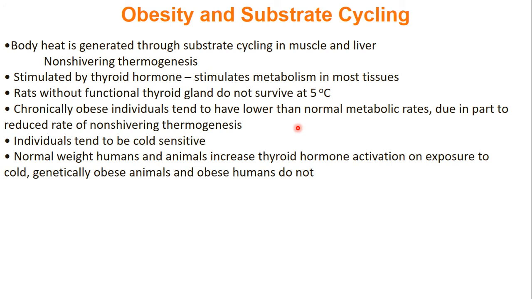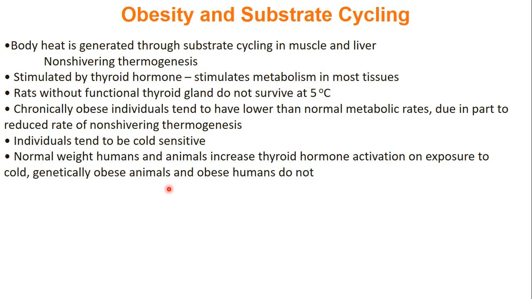This is partly because you have reduced rates of non-shivering thermogenesis. You're not doing these futile cycles, so the minimum flux of metabolism is lowered. Your overall metabolism is lowered, so it's hard to get to your normal states. And these individuals are also cold sensitive because you're not making enough body heat.